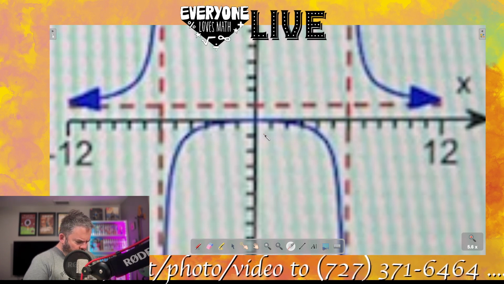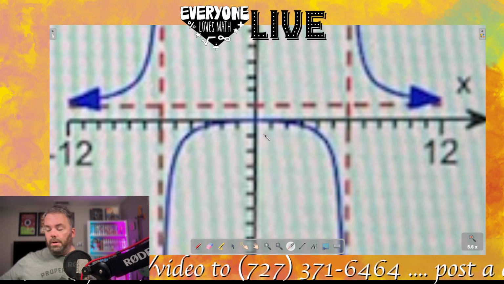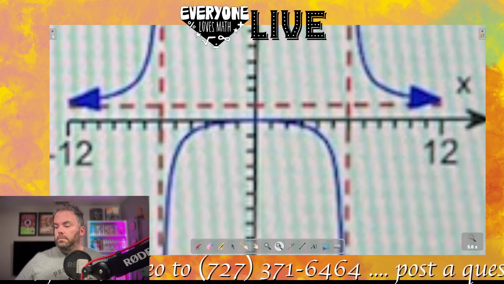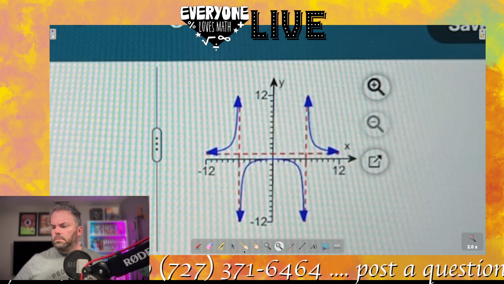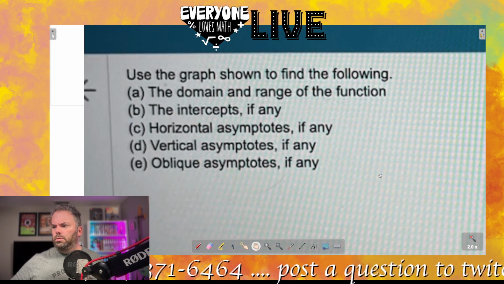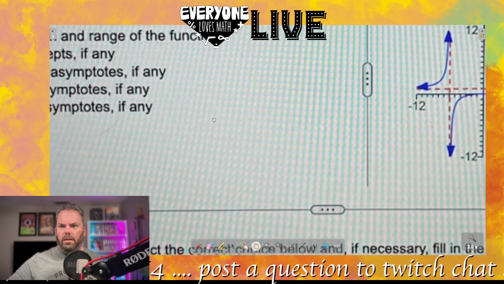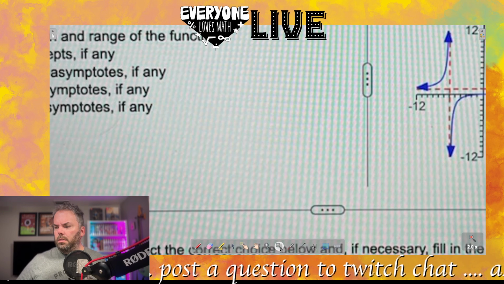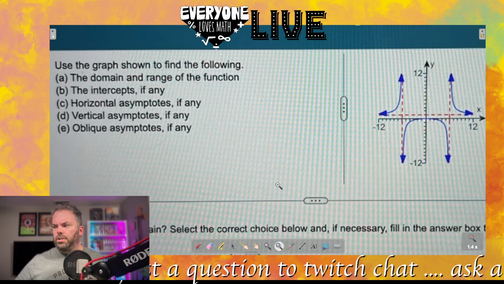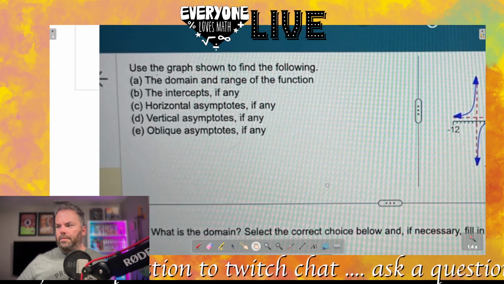Seriously? They're not accepting (0, 0)? That's messed up. And they don't give us the function, right? They just give us the graph. They don't give us the formula for the function.